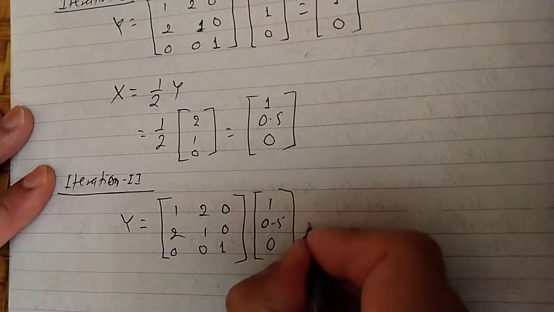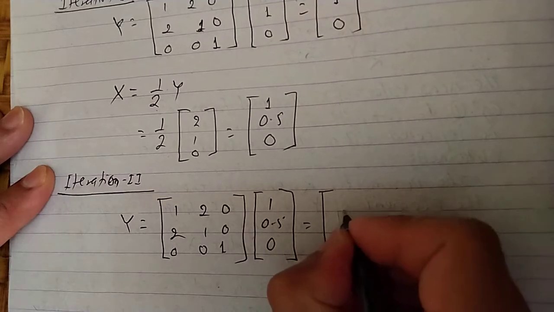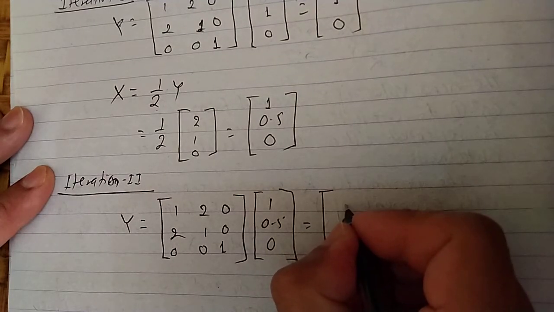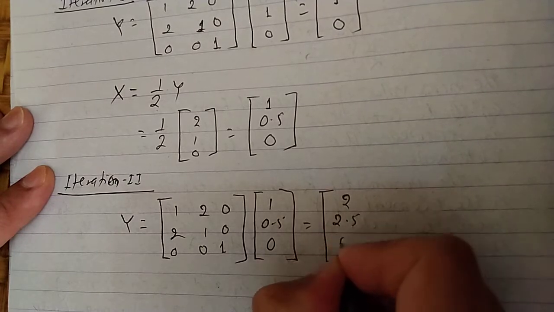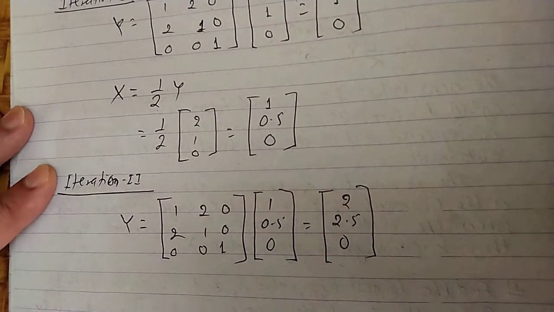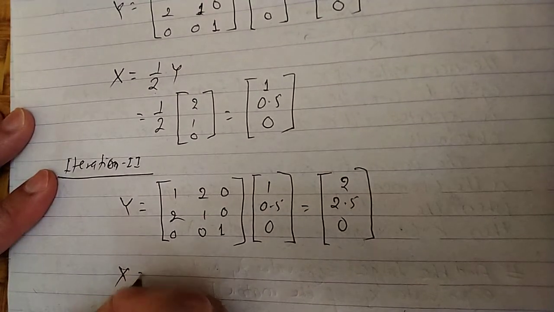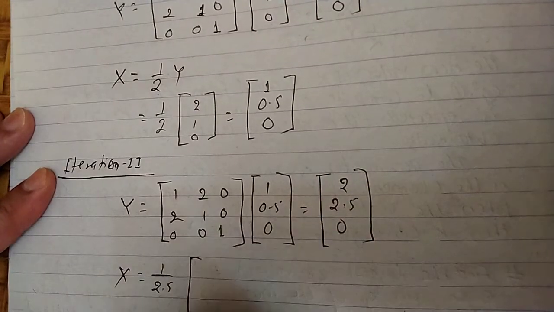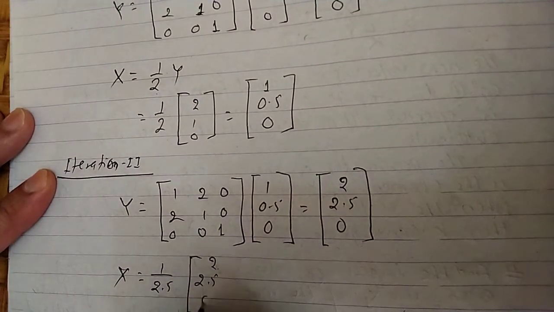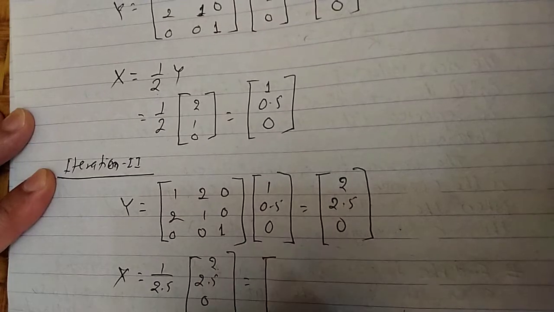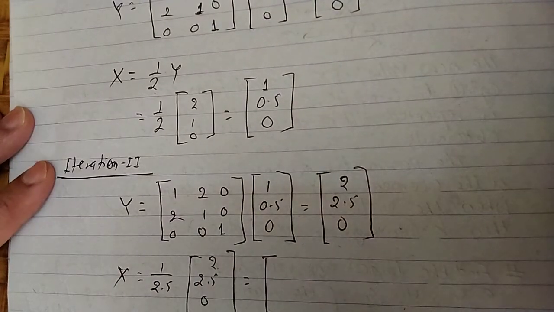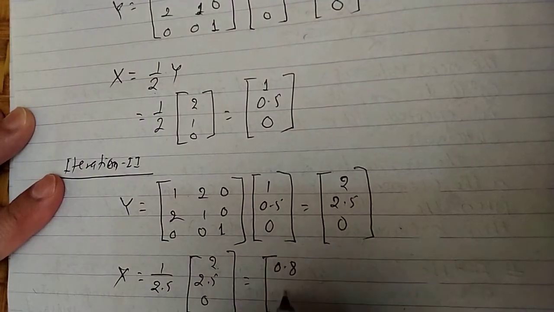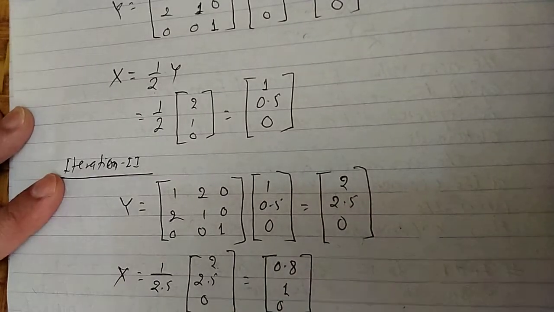Multiply it, so you will get 2, 2.5, 0. So what is the new value of x? 1 by k, which is 1 by 2.5, since the highest magnitude is 2.5. So 2 2.5 0, dividing this, what does 2 divided by 2.5 come to? 0.8, 1, 0.